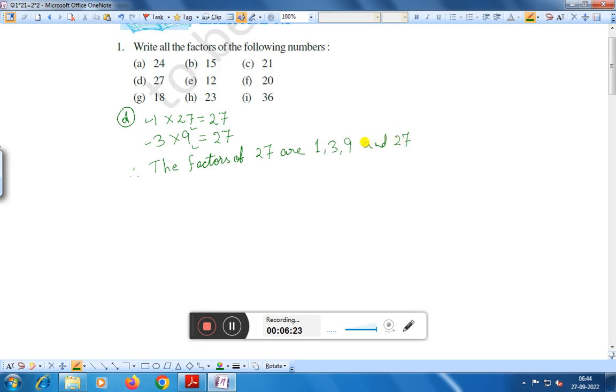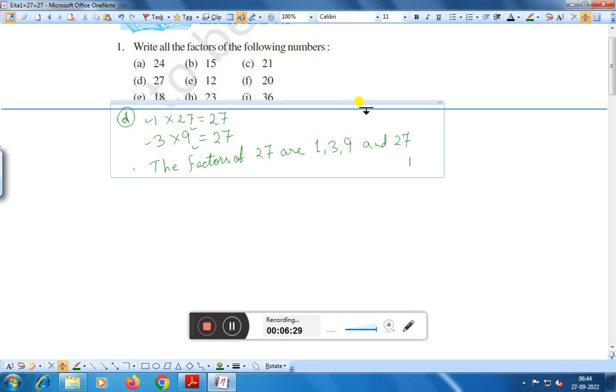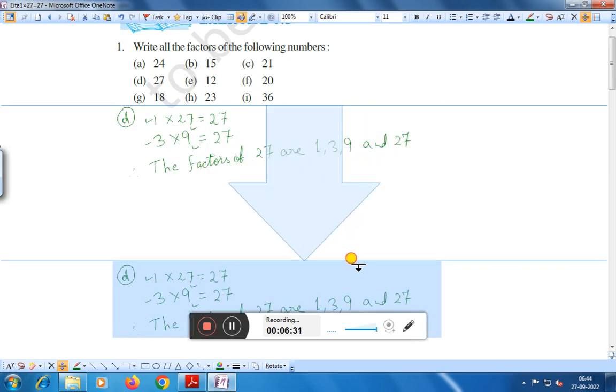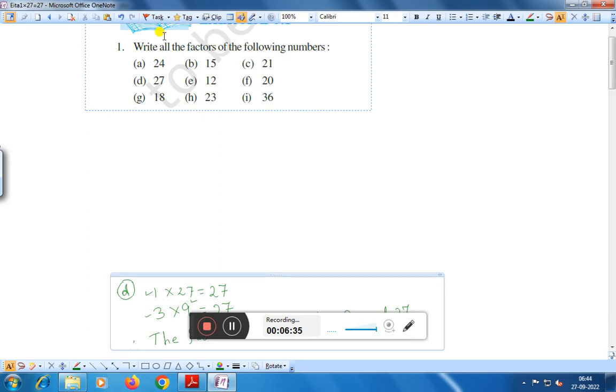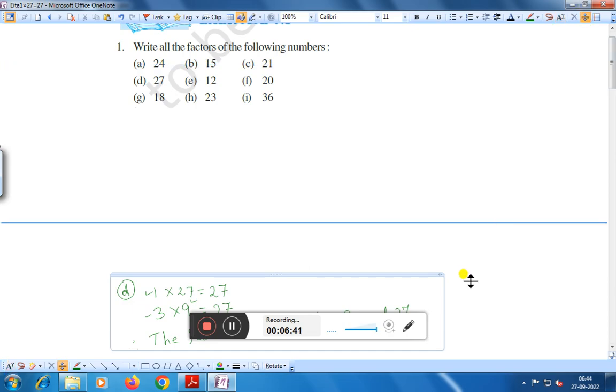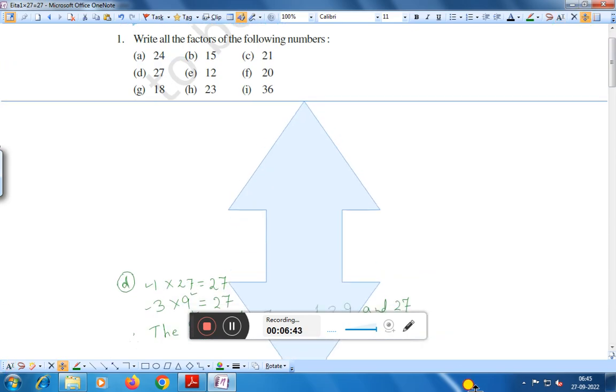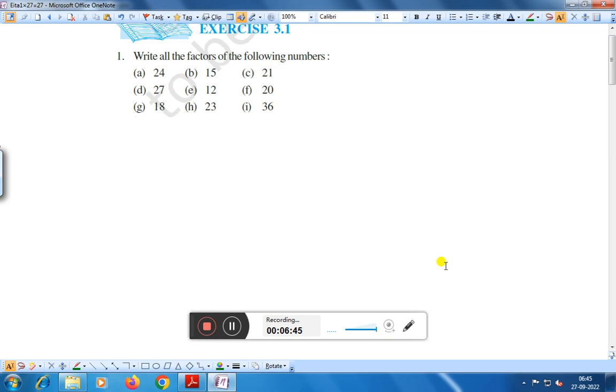Right? Now we do the next problem, that is E, factors of 12.